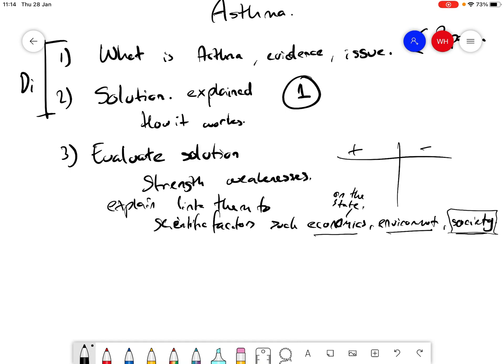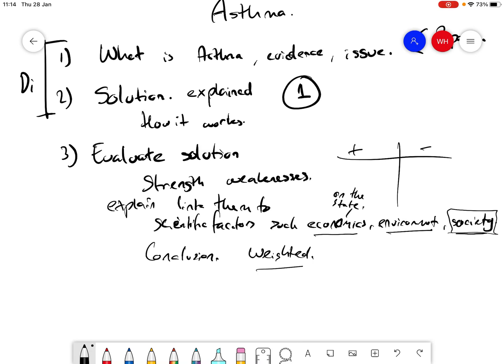You then need to bring all that together in a conclusion. And for grade 10, it should be a weighted conclusion. So you should say, in summary, whilst there is a cost and whilst there is an environmental impact, the positives of solving this problem, and so on. However, another solution doesn't have the environmental impact, so that could be an option.